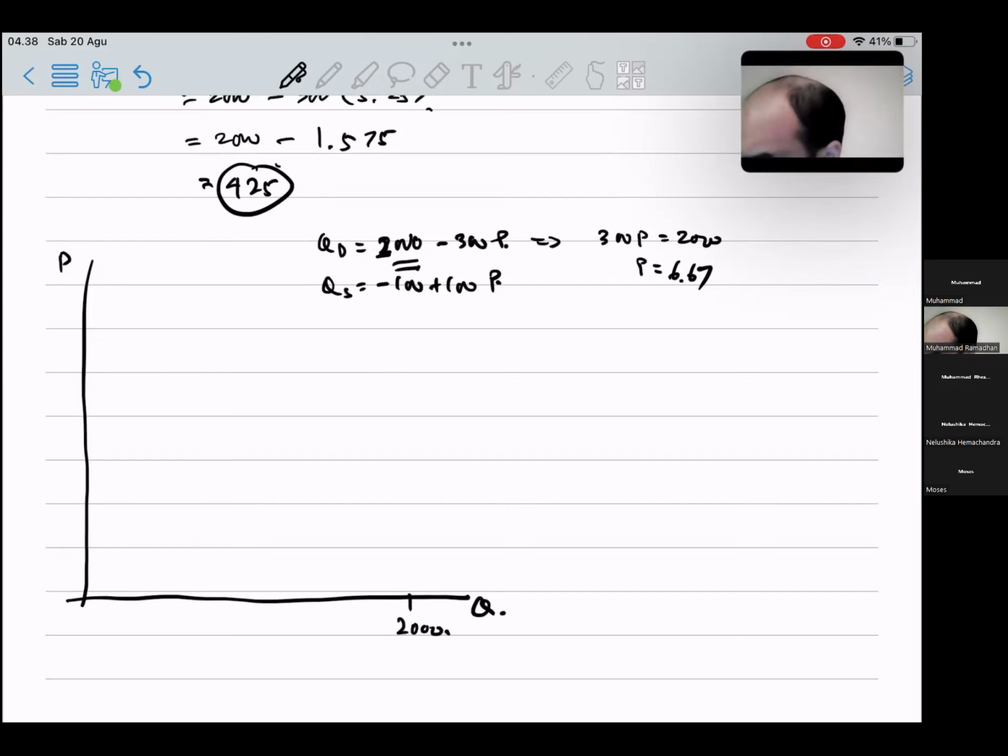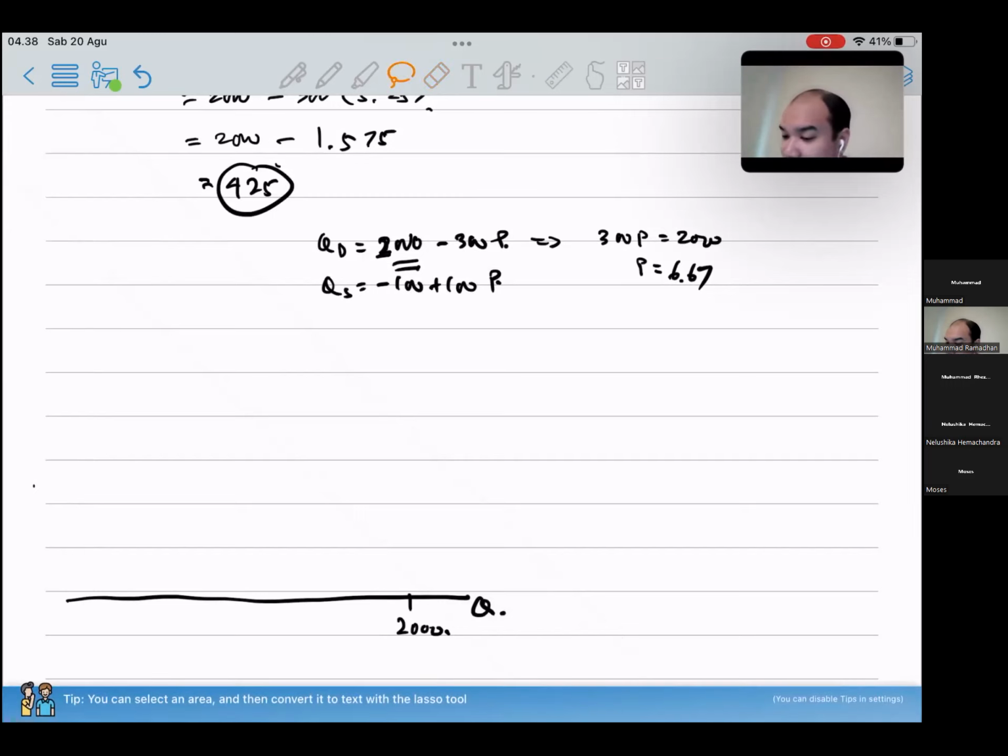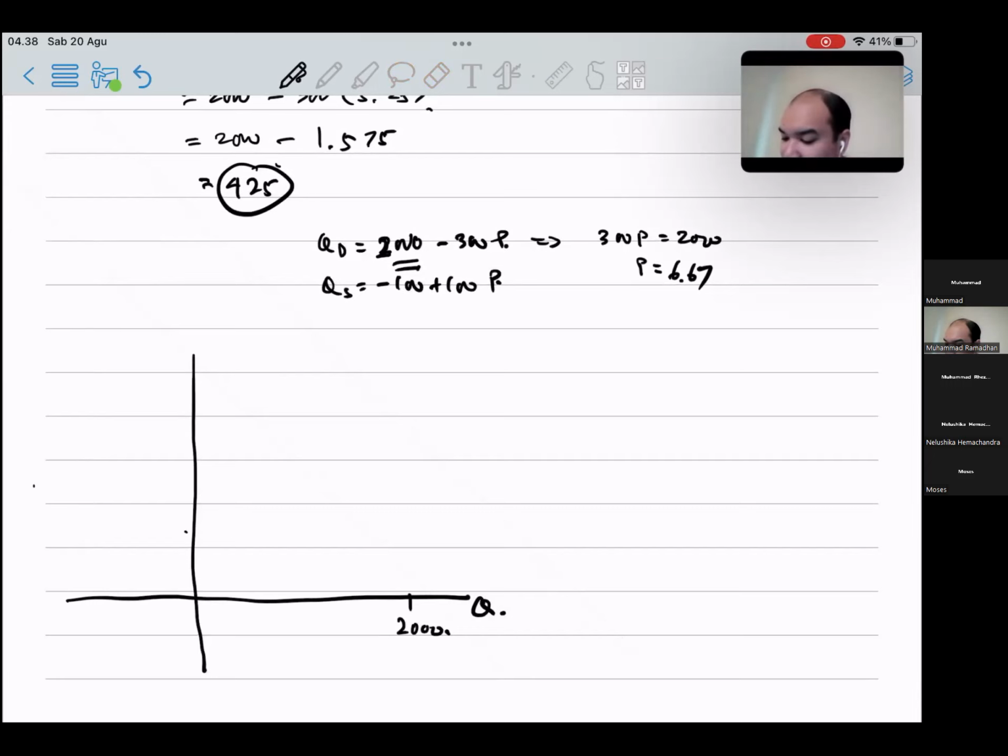So you can draw 6.67 in this. Okay, so the demand curve is like this.